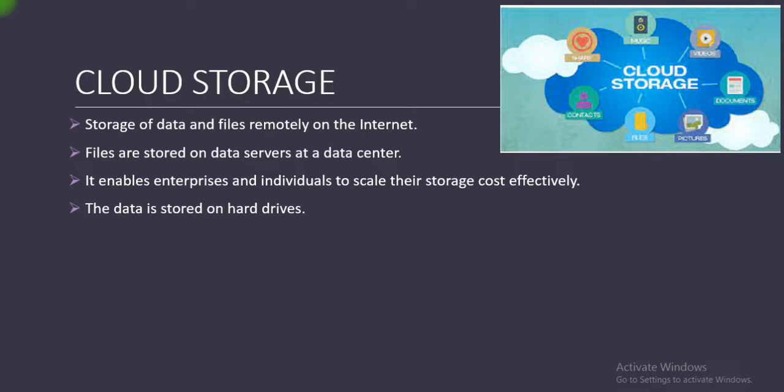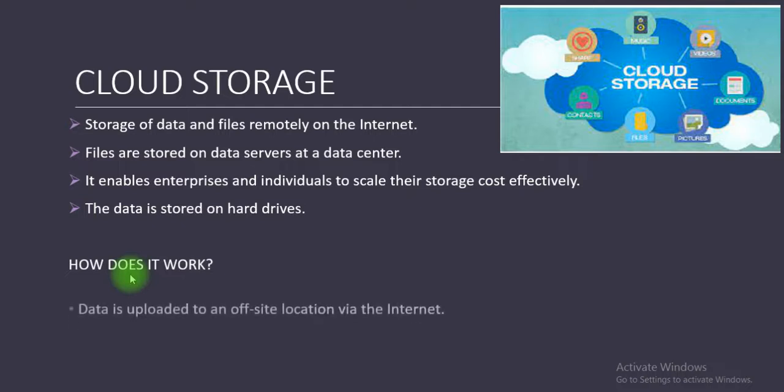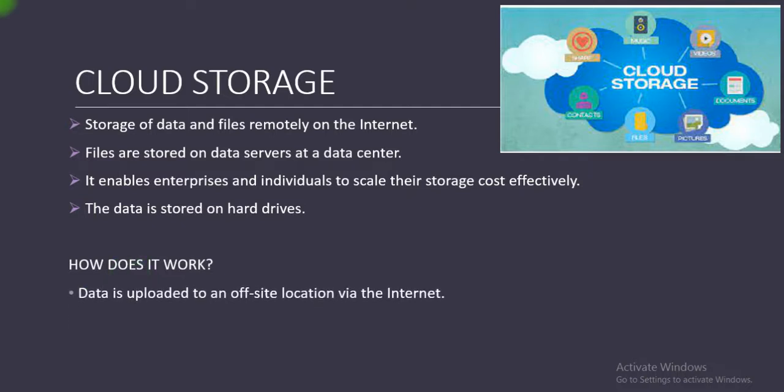It is our data. So when we store our information online, with say Google or any other entity that offers the service, the information, the files, are stored on hard drives. So it comes back to hard drives. All right, so that is really an overview of cloud storage.